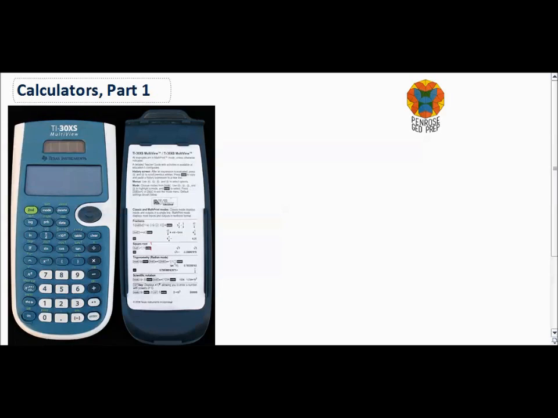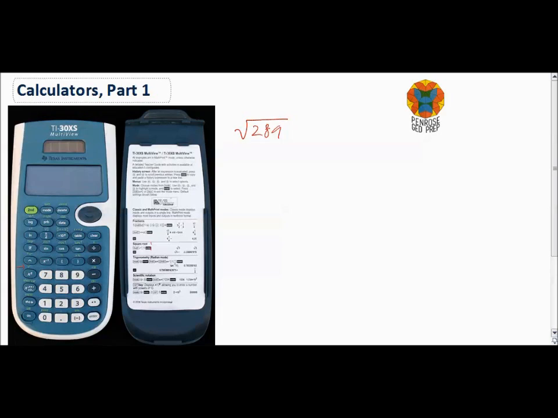So let's talk about the square root symbol. Let's say we want to take the square root of 289. What we do is type the square root symbol, but the square root symbol is at one of these green spots.